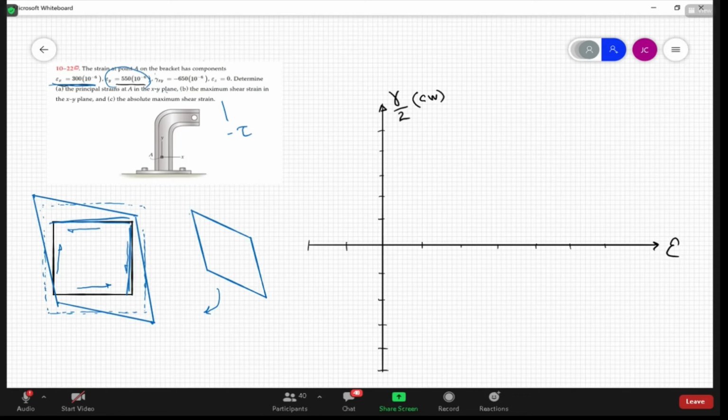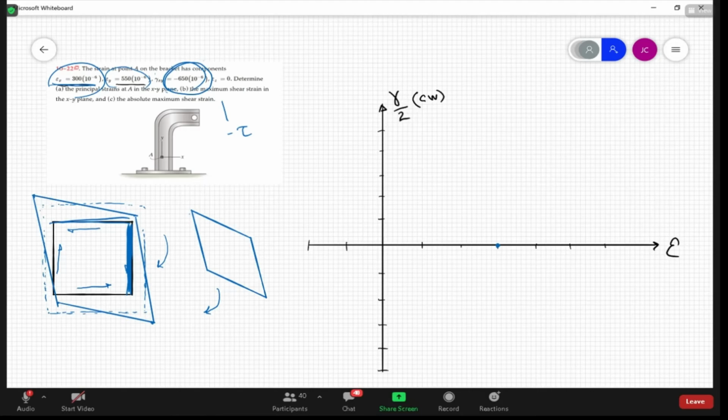All right, the point corresponding to this face here in blue has a normal strain of positive 300. So we're going to go to 300 right here. And as I said before, the shear strain is in the clockwise rotating direction on that face, so it's going to go up 650. But remember, we have to divide by 2, so that's 325.